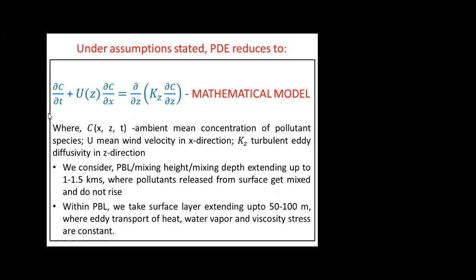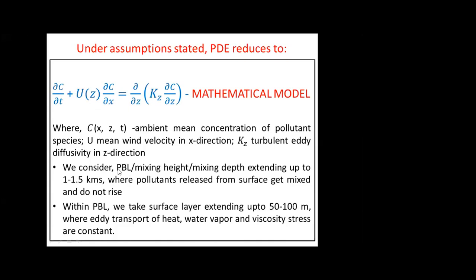So this is the time, then we have the wind speed in the x direction, and then Kz is the vertical diffusion, and this is the simplest mathematical model. And here, we have to just define the domain now. So we calculate the concentration in two different layers.